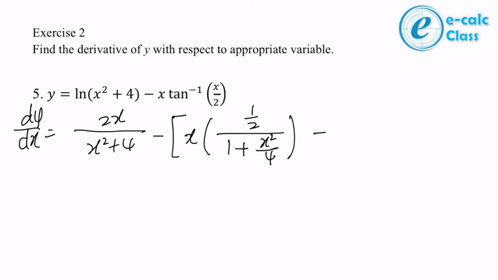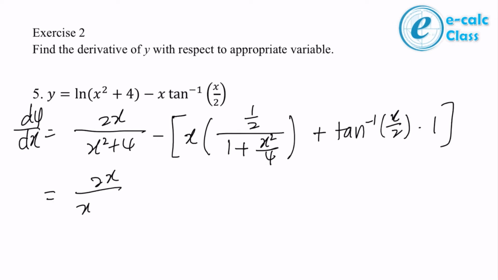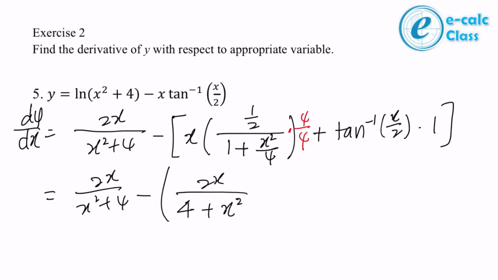Then product rule, remember, tangent inverse, copy this one, times the derivative of x equal to 1, then simplify, minus. How should I simplify this? I think I can see something. Multiply both top and bottom by 4 and you'll see it later. 2x, right? Over 4 plus x squared. Negative plus tangent inverse.